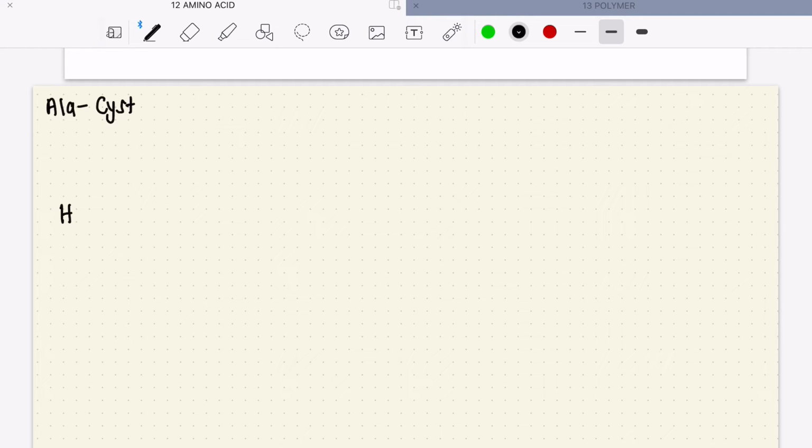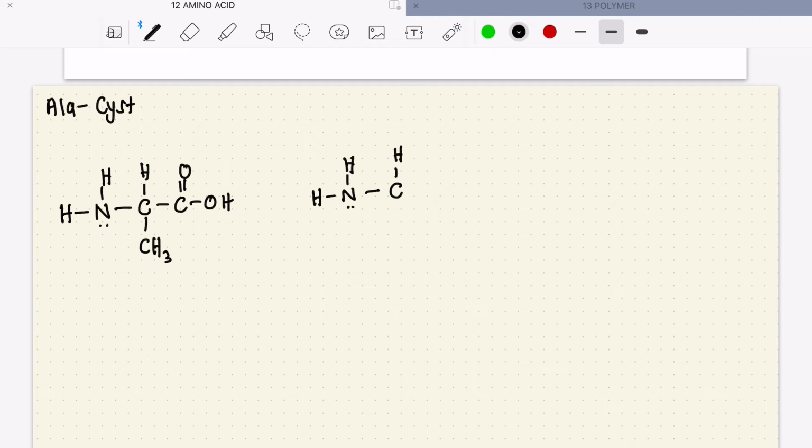So let's draw alanine. Remember the ABC: the amino, the body and the carboxyl. So this is our alanine, and then our cysteine is the same: A amino, the body of cysteine, which is this, and C. There you go.